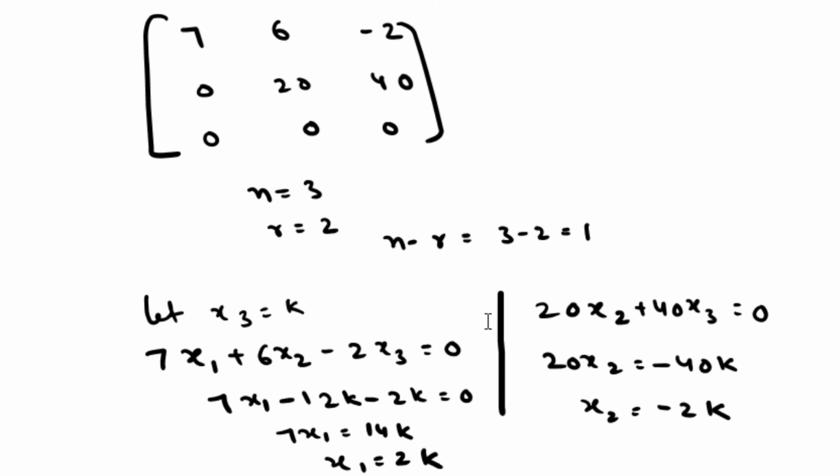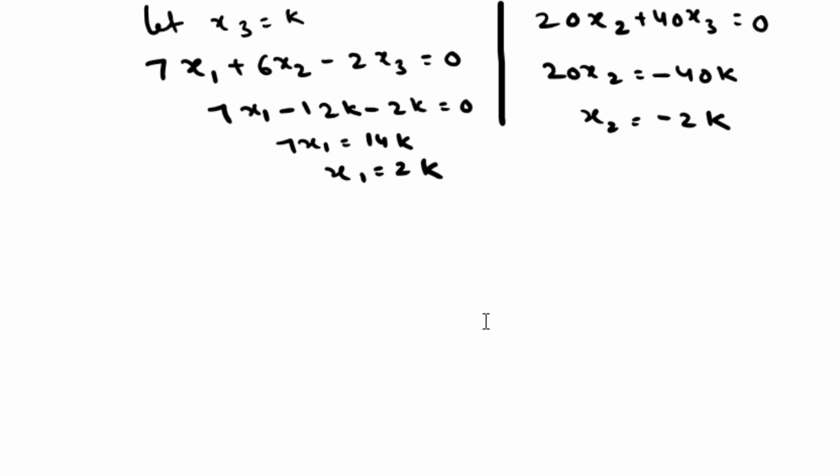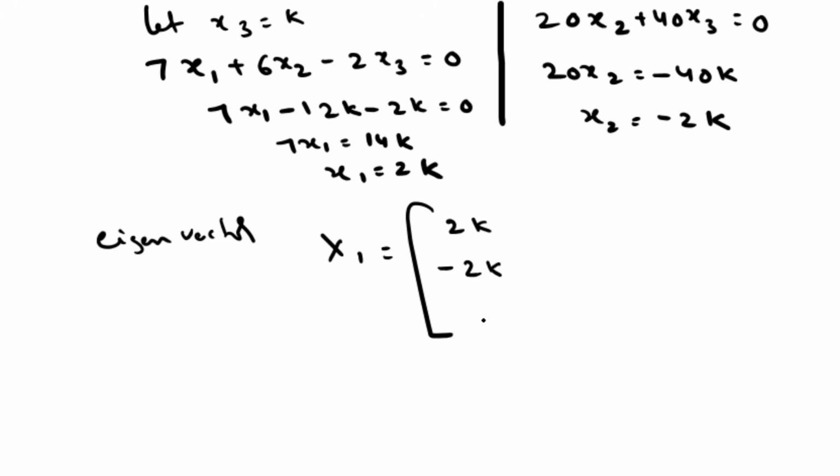Therefore the corresponding eigenvector is X1 equals (2k, minus 2k, k), which is k times (2, minus 2, 1).